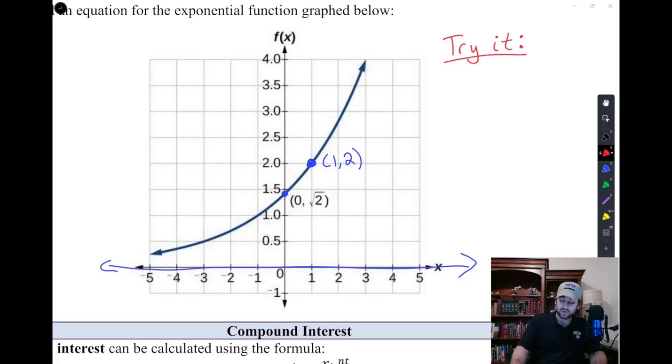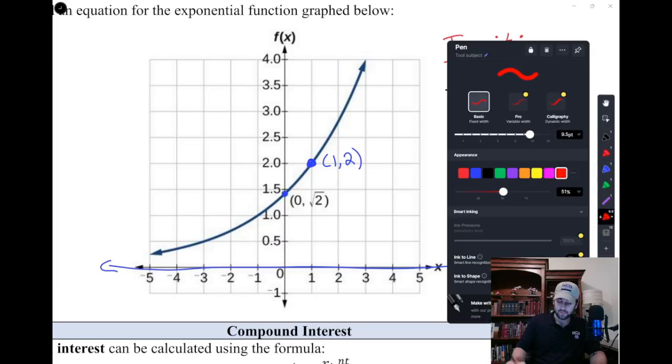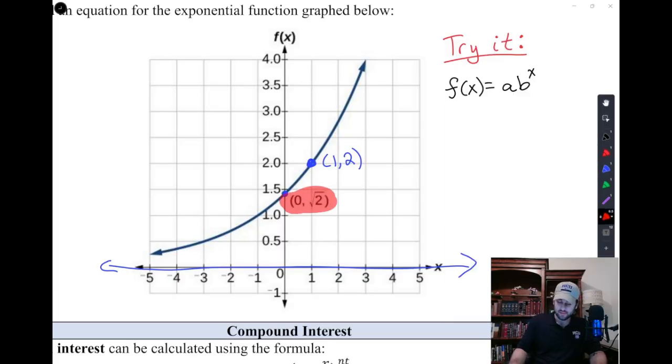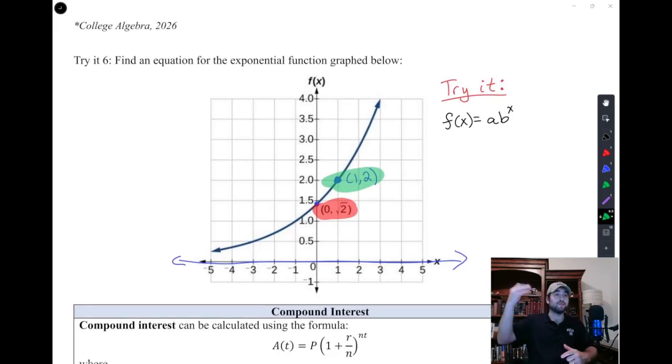You're just going to try to solve an equation f(x) = ab^x using those 2 points. Using this red point and this green point, you're going to try to solve for a and b. And if you need help with that, look back up at Try It 4, because we just did the exact same thing with slightly different numbers.